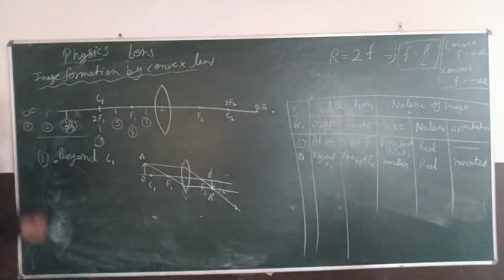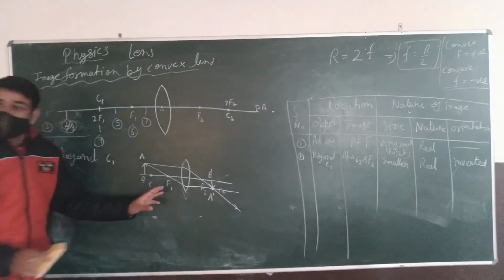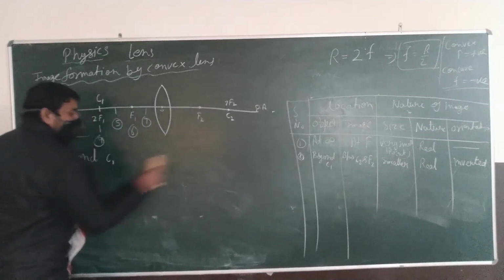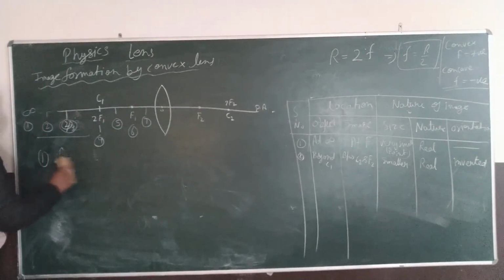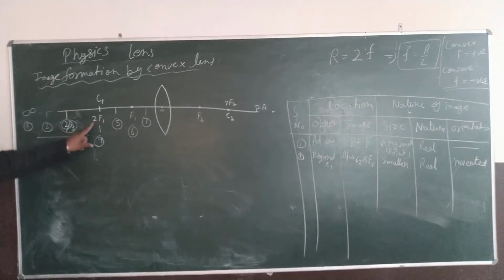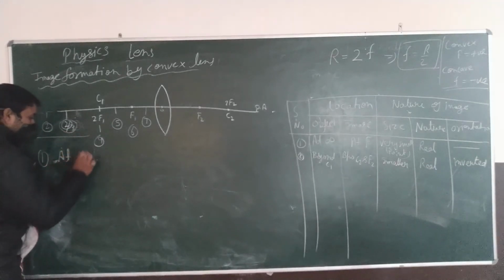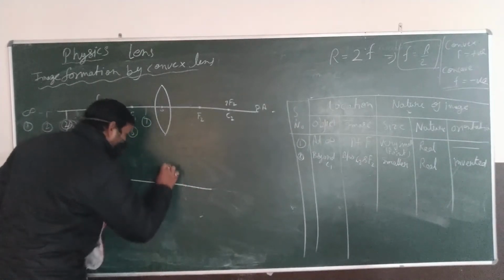Okay, next we get object at C, for the fourth case. Object at C1. What is the appearance for it?